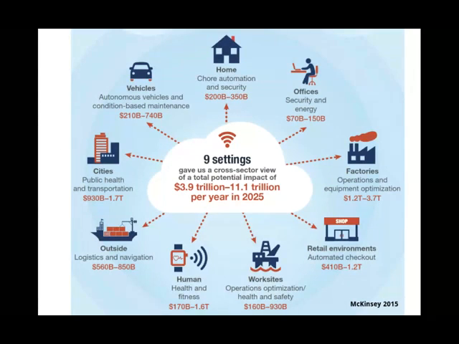But when we look at things like home, chore automation and security, that's worth around $200 to $350 billion. Security and energy in offices, looking at factories, operations and equipment optimization, being $1.2 to $3.7 trillion. In retail, automating checkout, on work sites, human health and fitness.